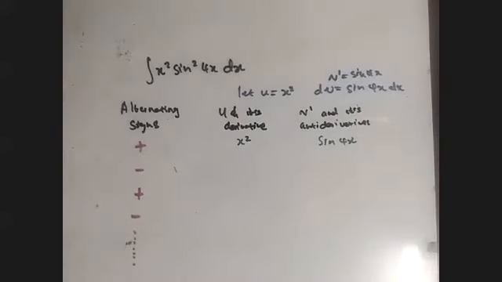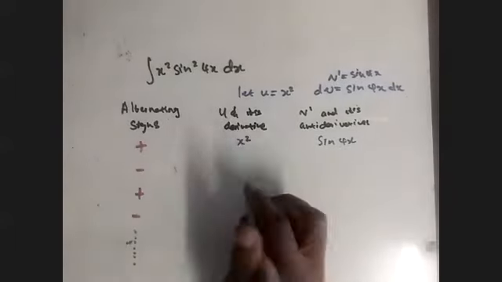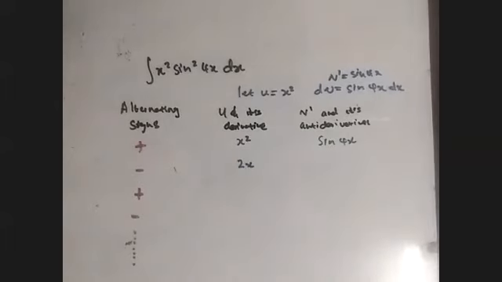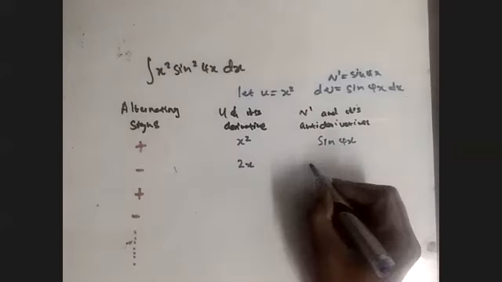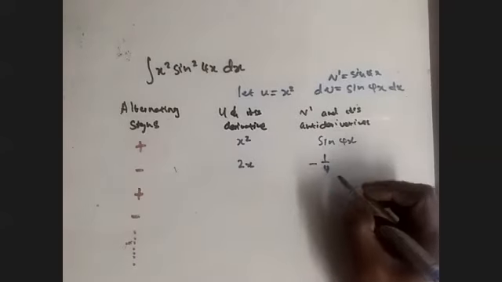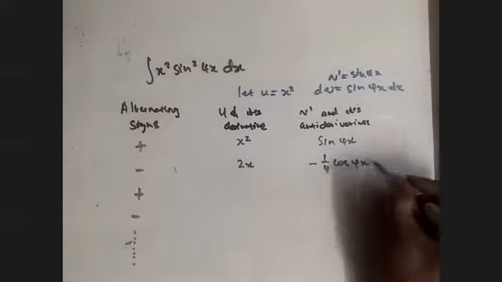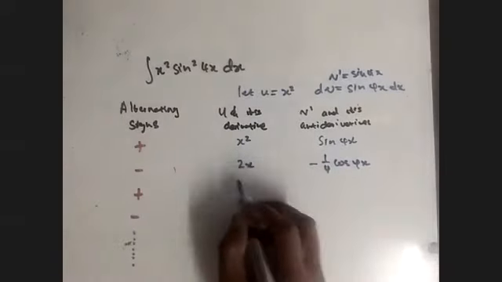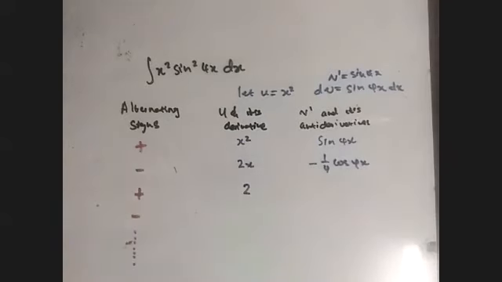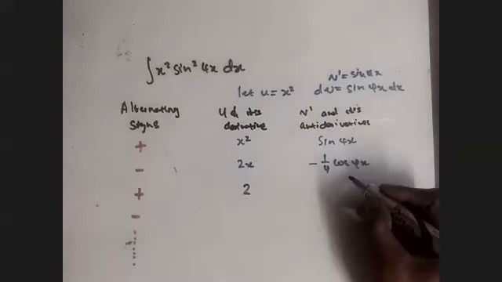Now, the nice part starts. What is the derivative of x squared? It's 2x. What is the integral of sine 4x? It's negative 1/4 cos 4x. Then we say, what is the derivative of 2x? It's just 2. And what is the integral of this one?